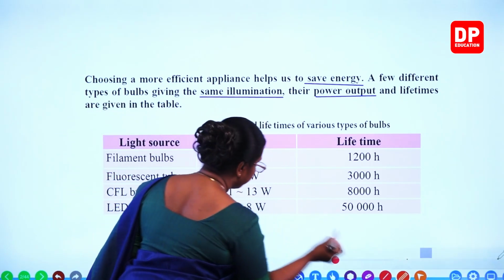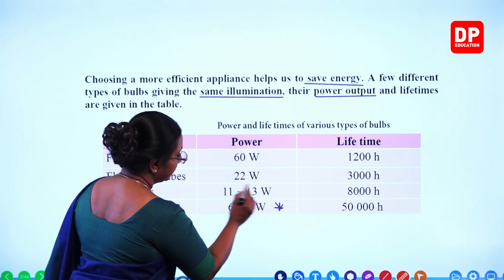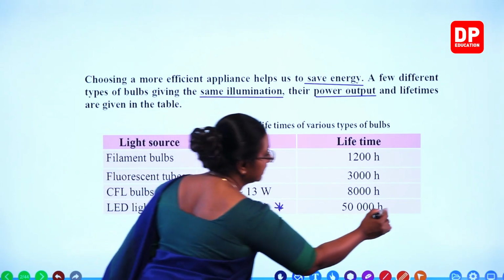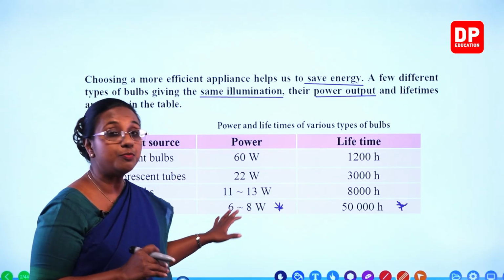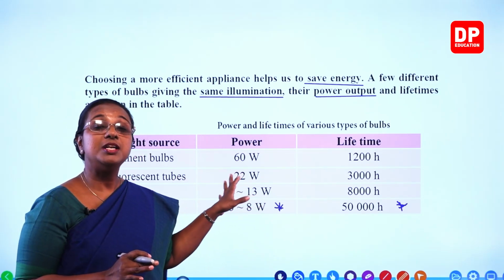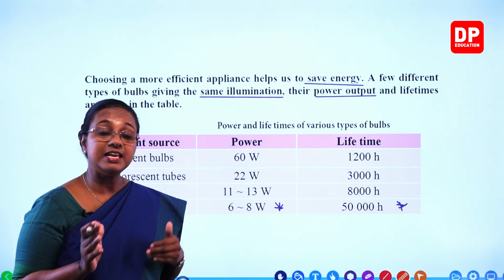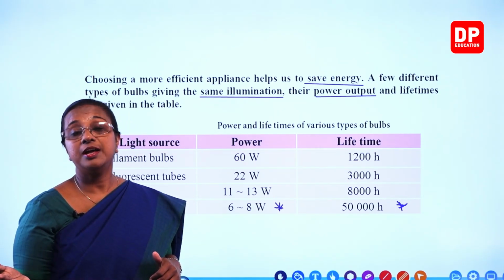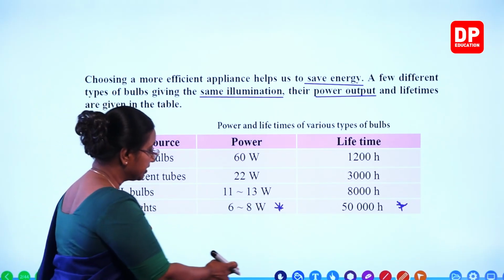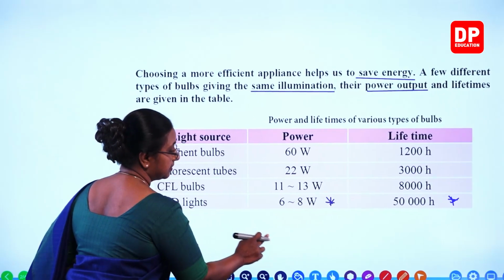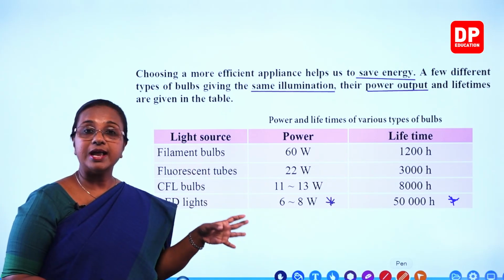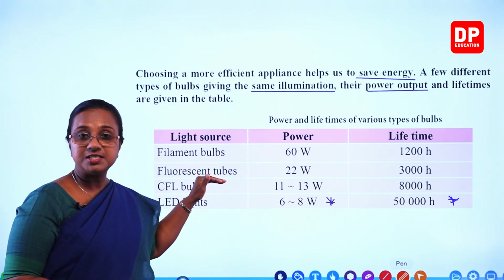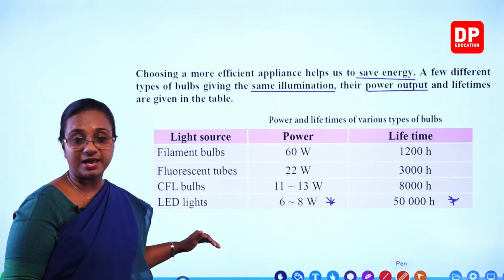Now here, of course, this is the power and the lifetime. Students, you don't have to memorize the values, but you need to have an understanding as to which is more efficient. If you take a bulb and look at the price, filament bulbs are cheaper compared to LED lights.